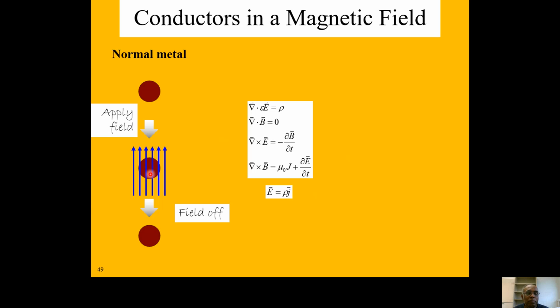This is a normal metal, no superconductivity. But if I turn off the field, I don't have any trapped field here. We can explain all these phenomena using the four Maxwell's equations everybody is familiar with.